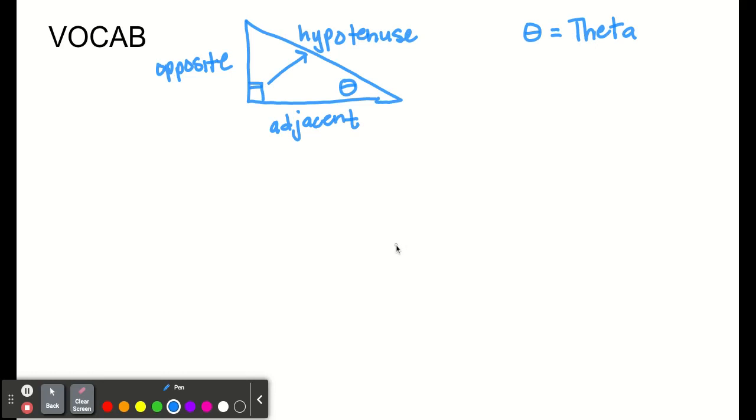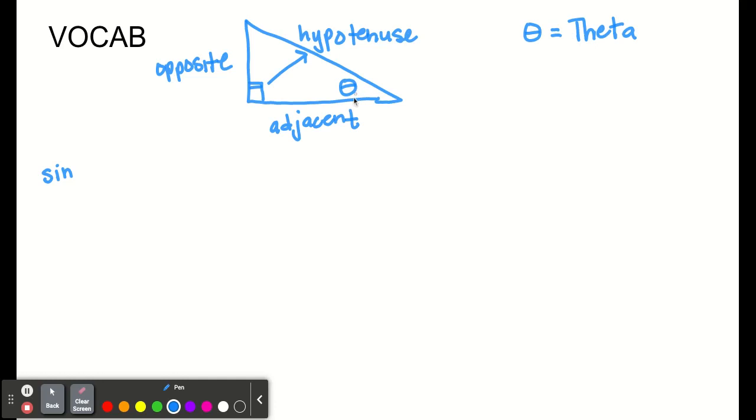Now, if you refer back to your vocabulary, we defined the sine ratio as the ratio of the side opposite of an angle to the hypotenuse. Whenever you write your trigonometric ratios, whether it's sine, cosine, or tangent, it always has to be of an angle. So if we're looking for the sine, it has to be of an angle. The angle always has to follow that ratio, whether it's the letter A, B, C, theta, or the measure of the angle, 23.